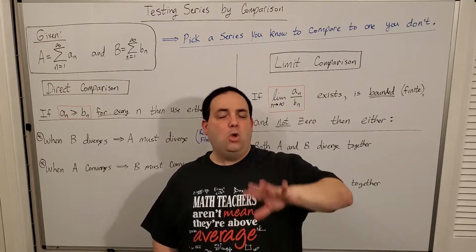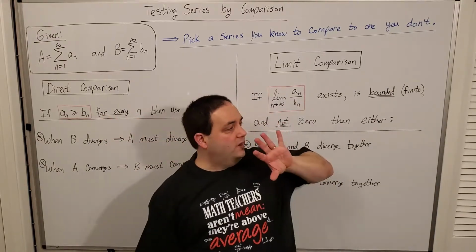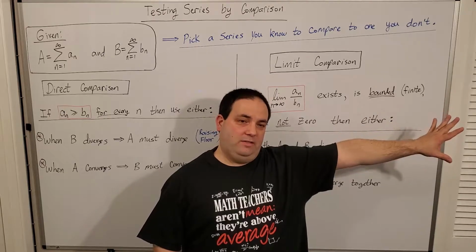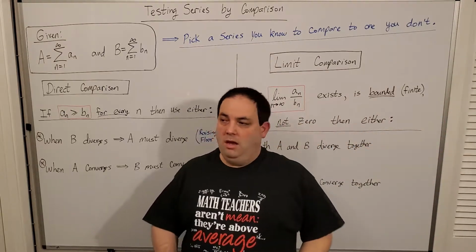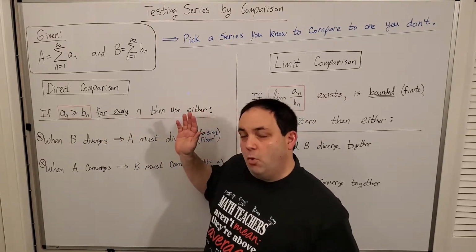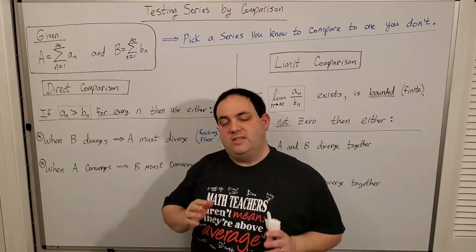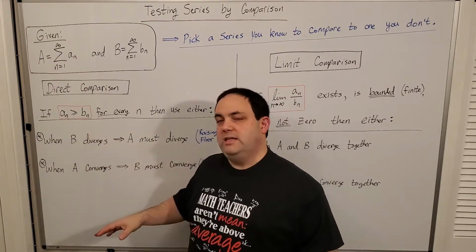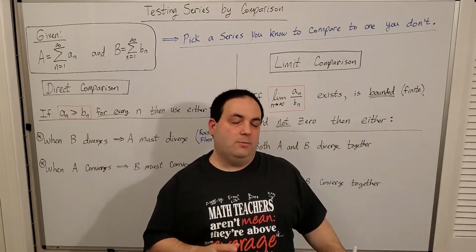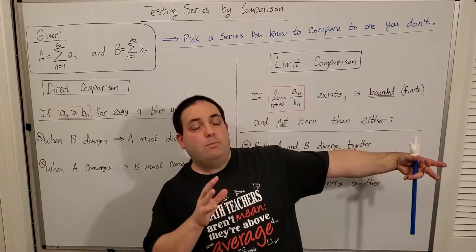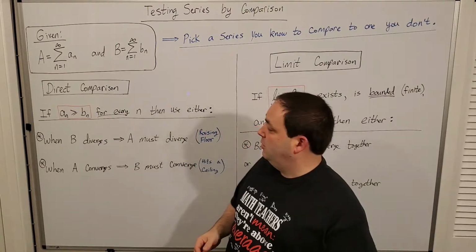What you're actually showing is that it holds for every n on the infinite end of it. It could be from 4 to infinity, for every n greater than 4, let's say, that this is true. That's okay. You can still get away with these kinds of comparisons as long as the majority of the series, and by majority I mean the infinite portion at the end of each, is being compared to each other.